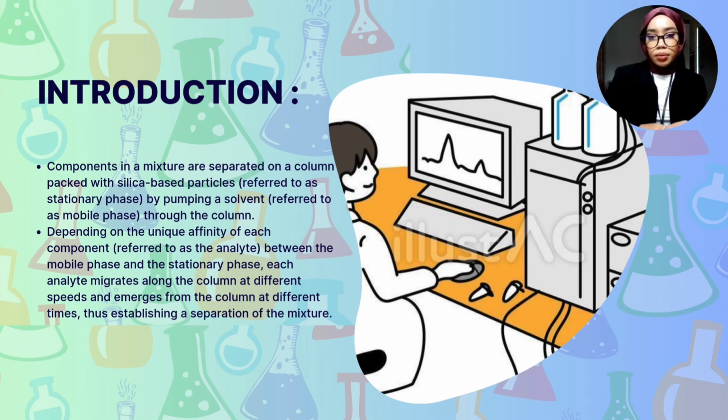Each component in the mixture, referred to as the analyte, interacts differently with the stationary and mobile phases due to its unique affinity. This difference in interaction causes analytes to migrate through the column at varying speeds, leading to their separation and allowing them to emerge at different times. This process is crucial for analyzing complex mixtures in various fields.